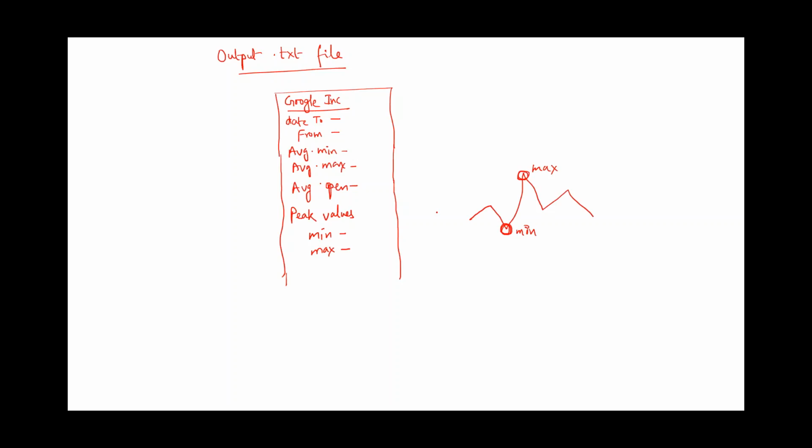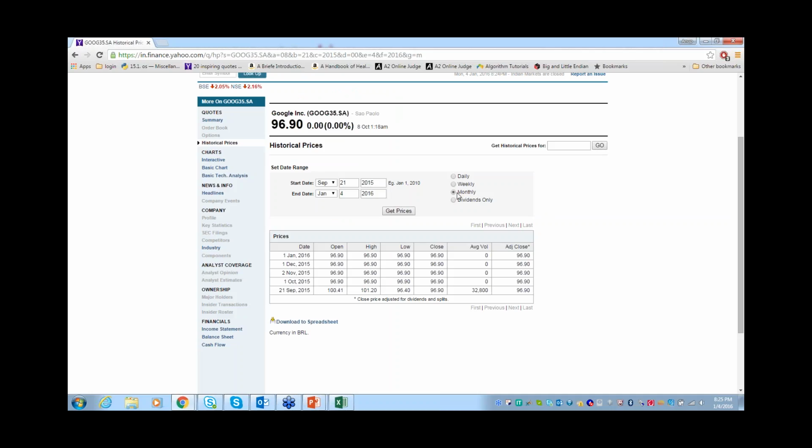This is the daily value of the min and max. For example, if the user has input the monthly option, in this month what was the highest value and the lowest value? It will be overall, because you have high and low daily.